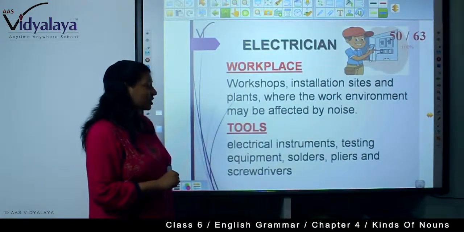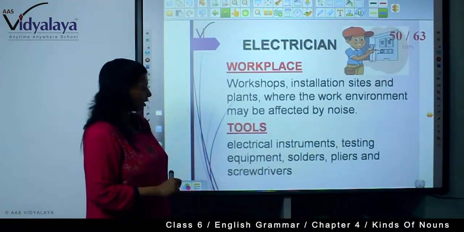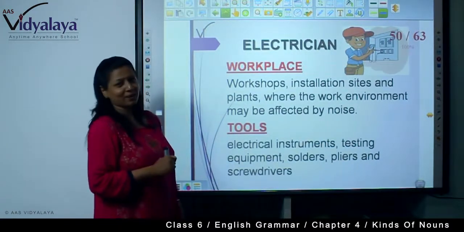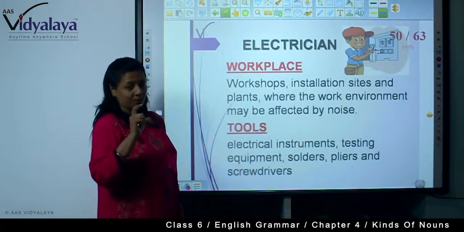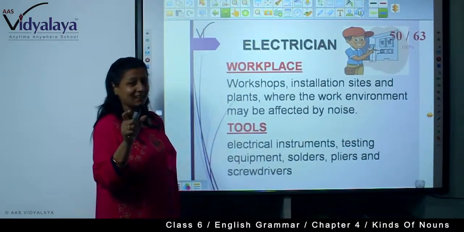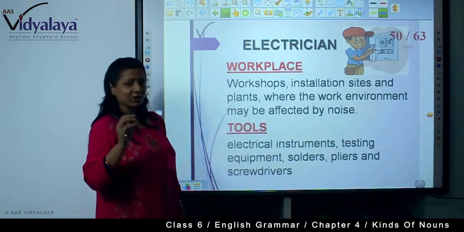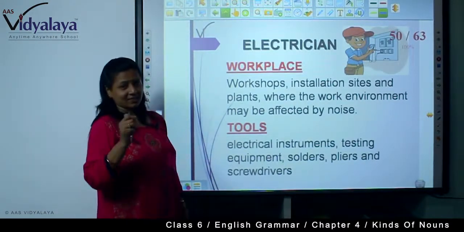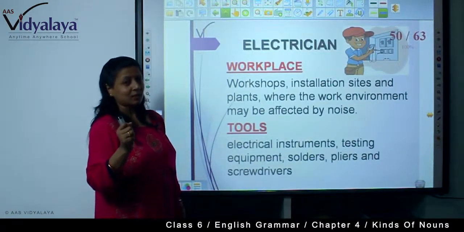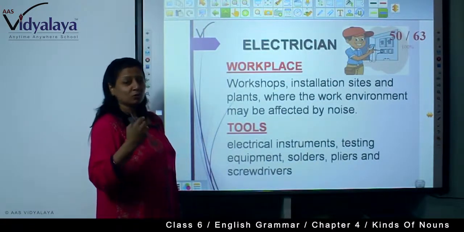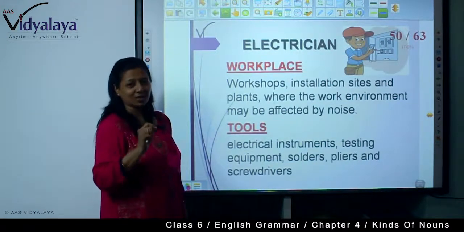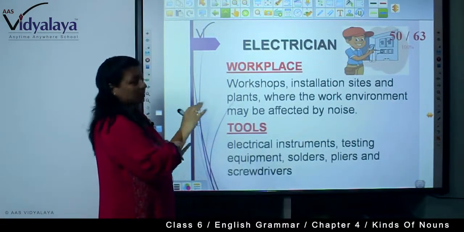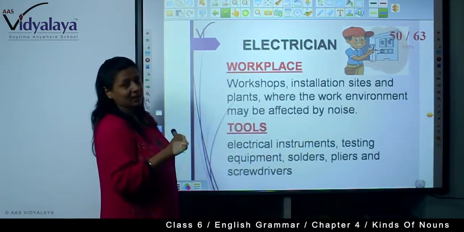They use electrical instruments, testing equipment, solders, pliers and screwdrivers. Many of us have that kit in which we have screwdrivers, solders, pliers and testing equipment, because sometimes we also do a little bit of electrical work at home when an electrician is not available. So these are the tools that they use.